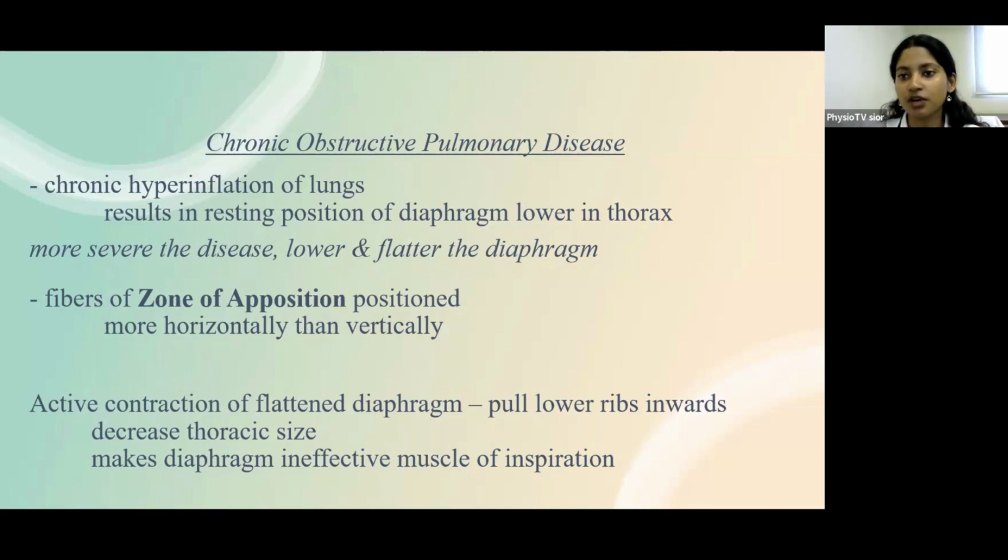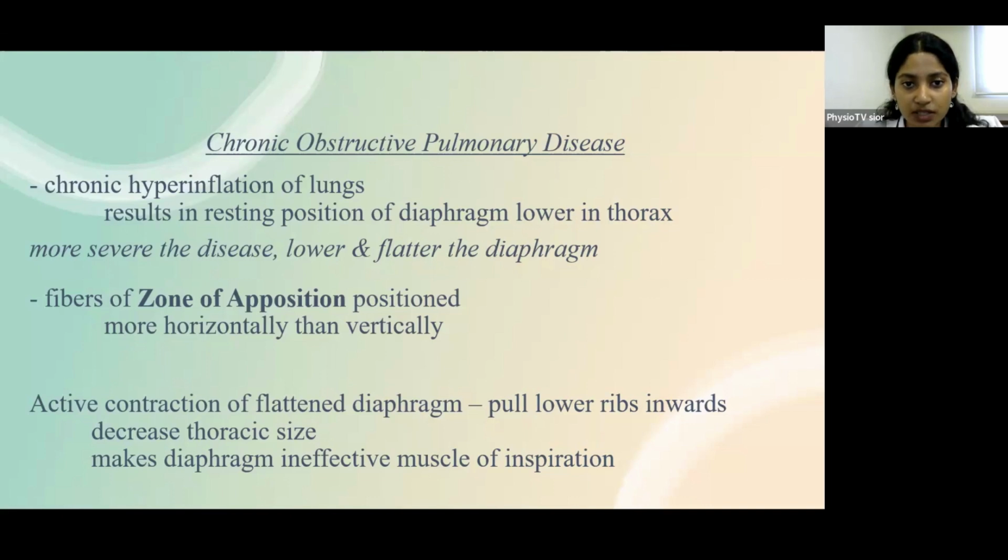The active contraction of the diaphragm, which is already flattened and doesn't have much area for the zone of apposition to work, rather than pulling the ribs outwards and upwards, which should be the ideal way, will end up pulling the lower rib cage or the lower ribs inwards, which will in turn decrease the thoracic size and also make the diaphragm ineffective.